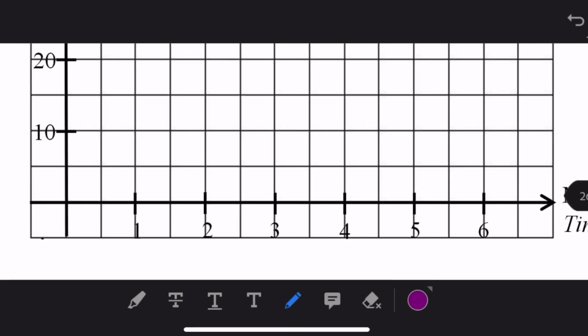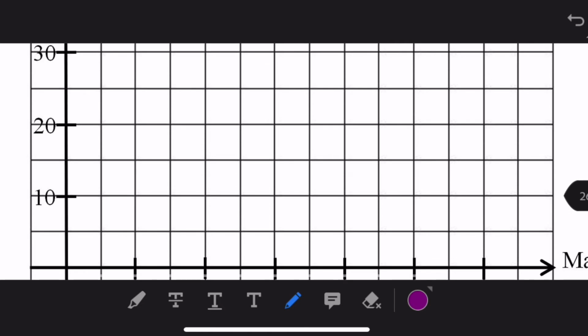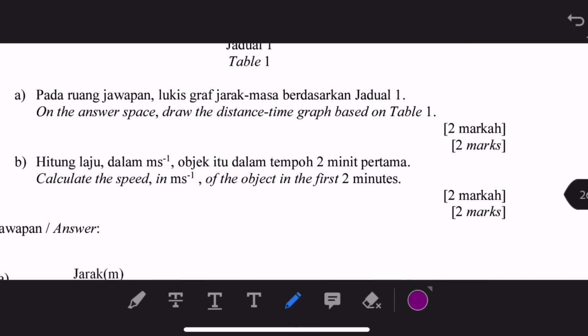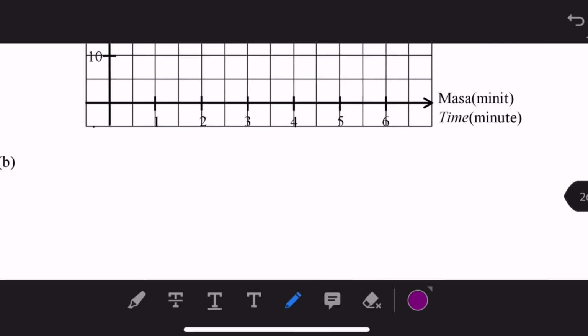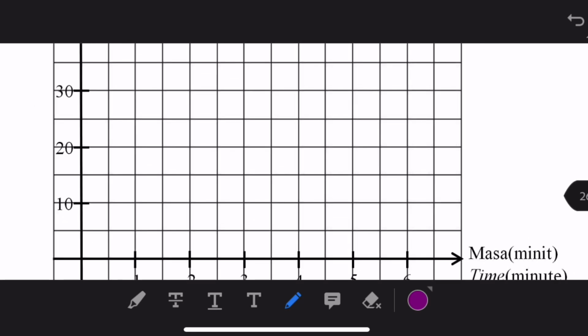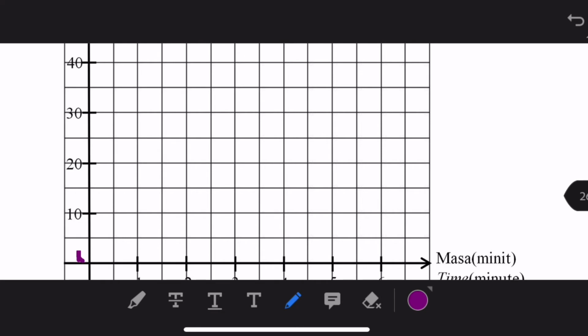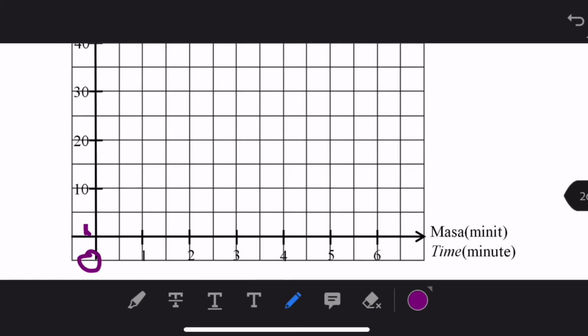At 0, the distance is 0, and then at 2 it will be 20.